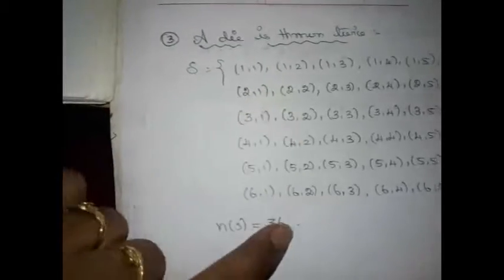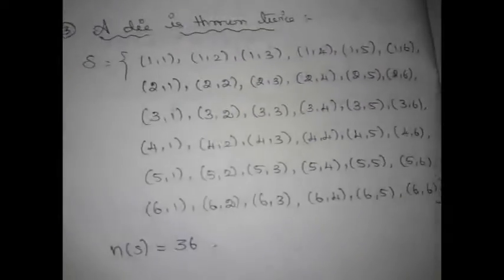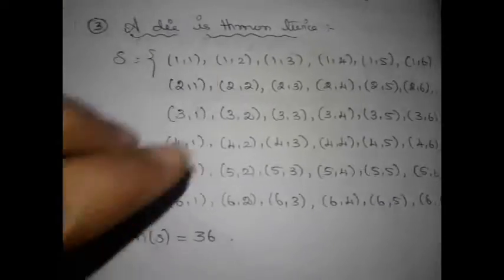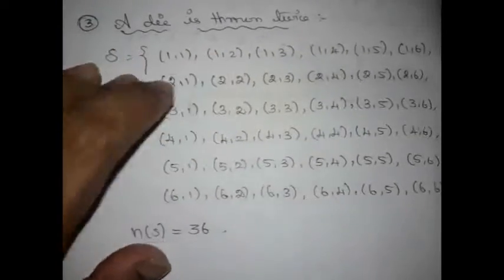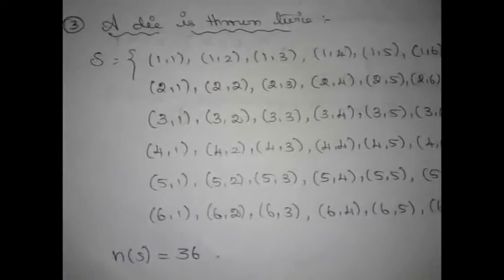No other possibility, only 1. So 1 divided by 36 is your answer. What is the probability for the sum to be 3? 2 plus 1 is 3, 1 plus 2 is 3. Then no other possibility, right? So 2 divided by 36. Yes. Likewise, you can give your answers. You can complete this table.